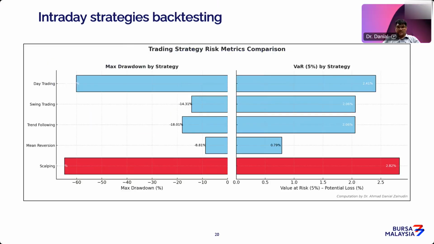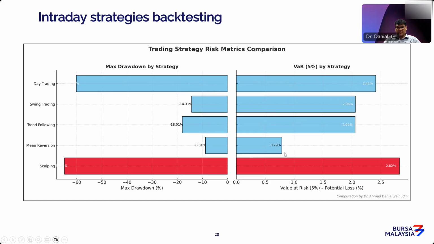Right. So this one is extra. I want to share tonight the maximum drawdown by strategy and also the value at risk across the strategies. We are looking for the least max drawdown, which is swing trading, only 14%. How about VaR, value at risk?